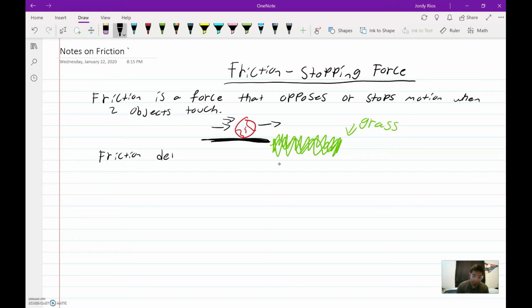Friction depends on the type of surfaces. Okay, that is very important.